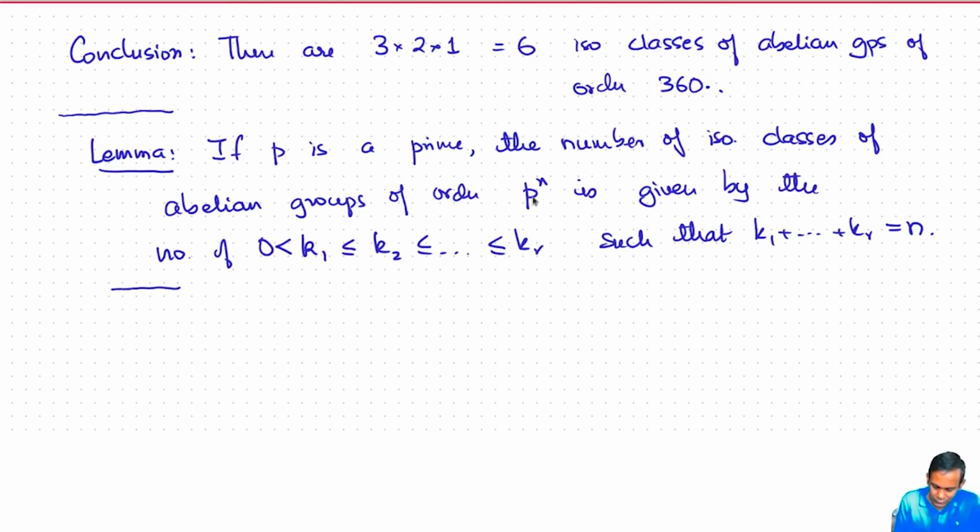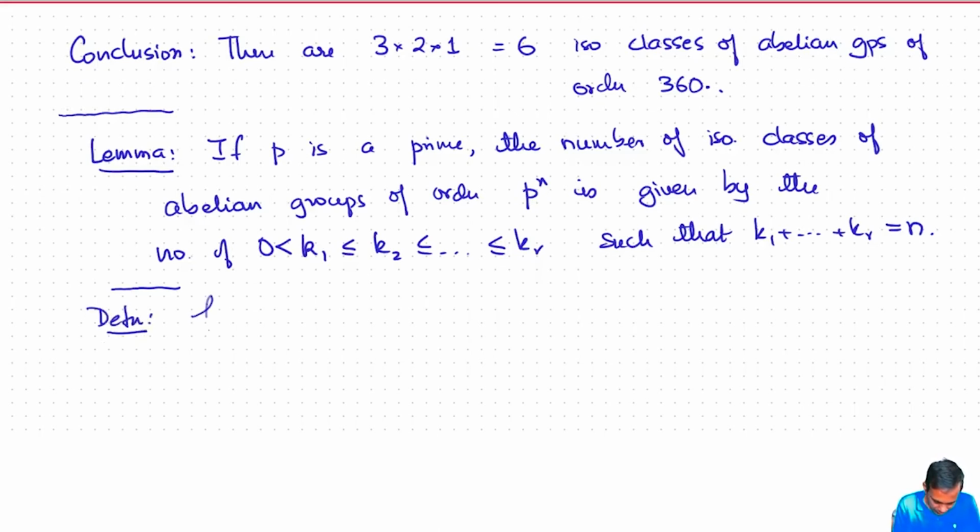This lemma just follows directly from the structure theorem for finite abelian groups applied to P groups, because such a group is going to be of the form Z mod P to the K1 cross Z mod P to the K2 and so on, and this condition ensures that the order of the group is P to the power n. So we'll make a definition.